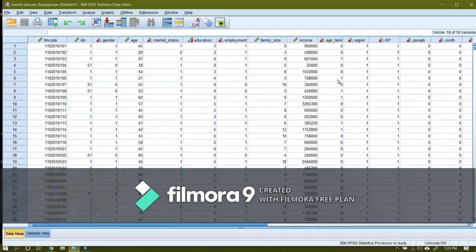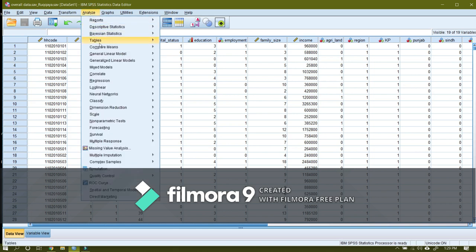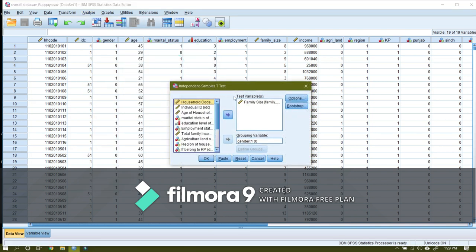So I'm going to show how we can run an independent sample t-test in SPSS and then interpret the results. I'm going to the independent sample t-test, and it will open like this.